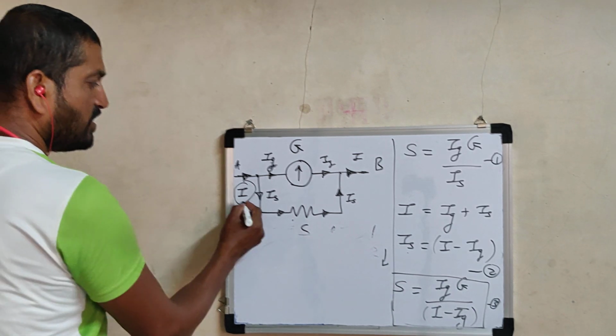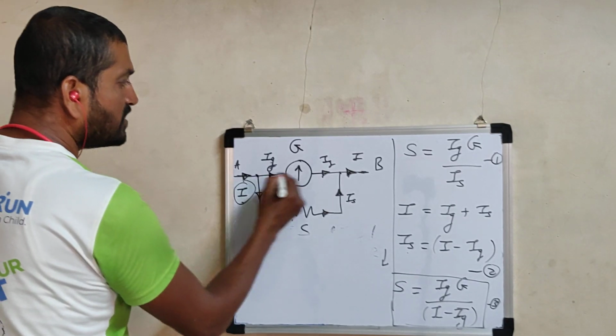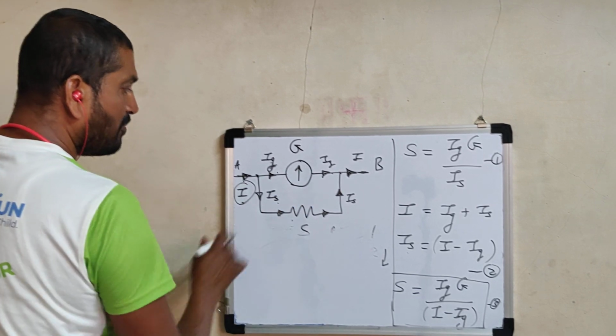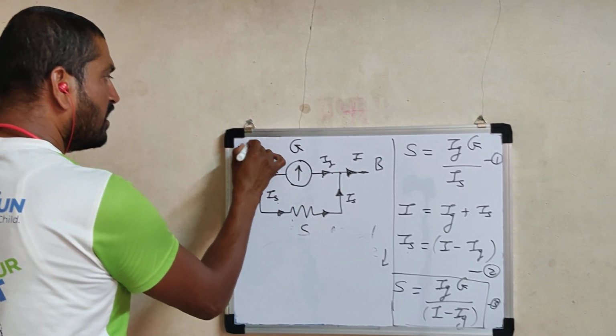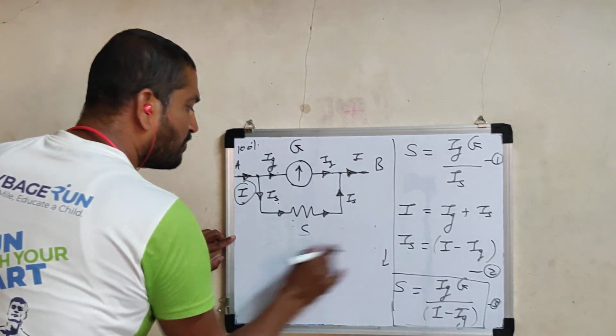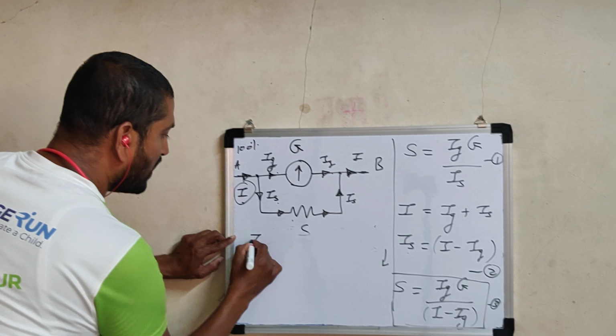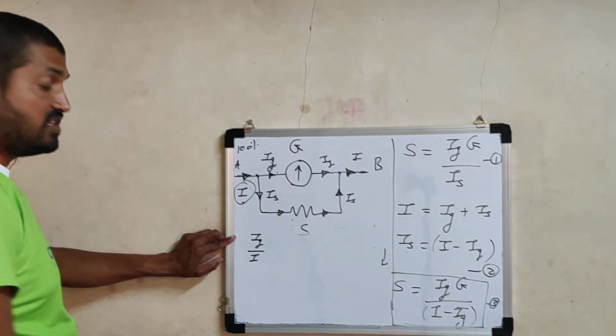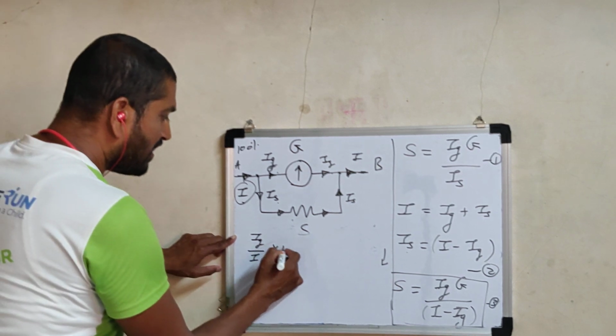See here, I is the total current, out of which how much current flows through the galvanometer? Only Ig. How much current flows through the shunt? Is. If the total current is 100%, out of that how much percentage of current flows through the galvanometer? To calculate that percentage, just remember the formula: Ig upon I multiplied by 100.